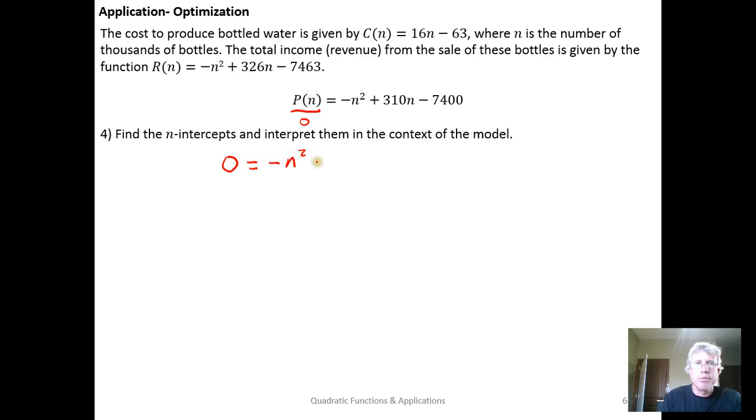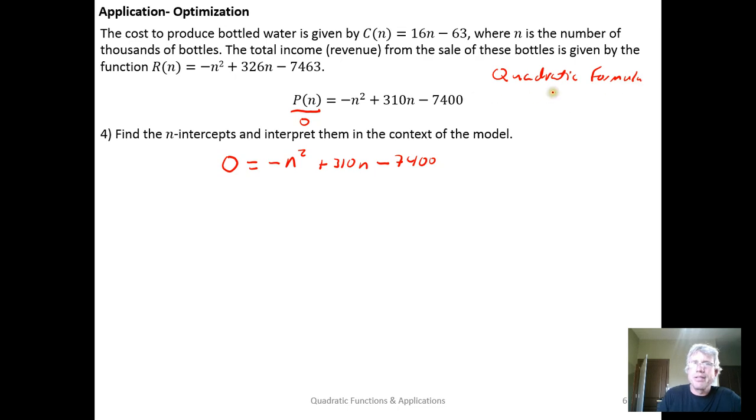So 0 equals negative n squared plus 310n minus 7,400. And I have choices now. I can use the quadratic formula to solve this. If I have 0 equal to a quadratic equation, I can use the quadratic formula.